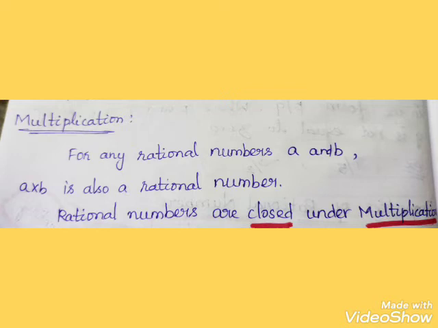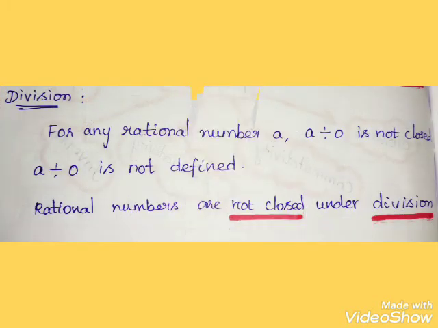If we are taking two rational numbers and multiplying them, again you will get the answer as a rational number, which means rational numbers are closed under multiplication. Clear? The same process, only operations are different, right? Now this is up to you. You should practice for multiplication.